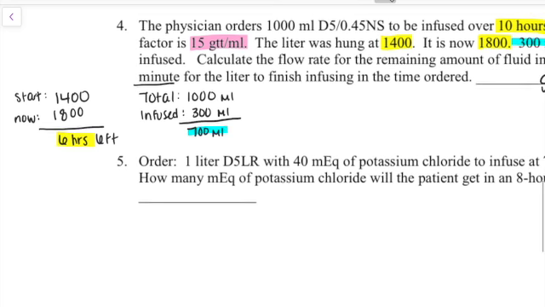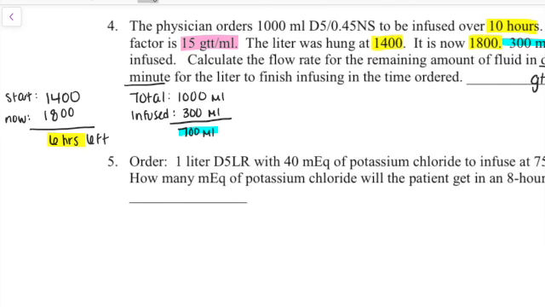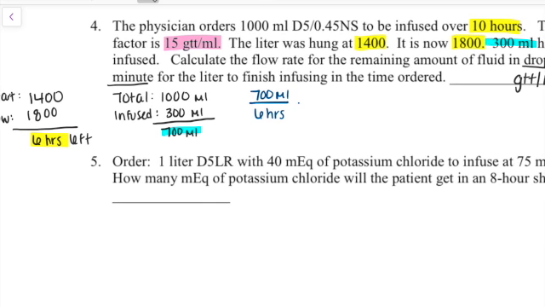So now we can set up our problem. We have 700 mLs to give over the next 6 hours. We're trying to calculate a drip factor, and we have tubing that is 15 drops per 1 mL.